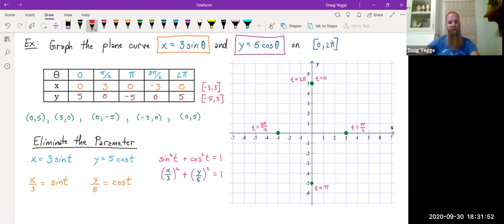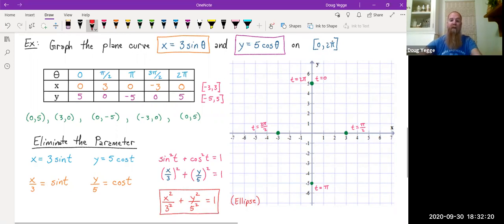If I simplify this equation, this becomes x squared over 9, or 3 squared, plus y squared over 5 squared is equal to 1. And therefore we should recognize that this is an ellipse that spreads 3 units in the direction of x and 5 units in the direction of y, which now makes more sense as to why these were the points that we actually got.